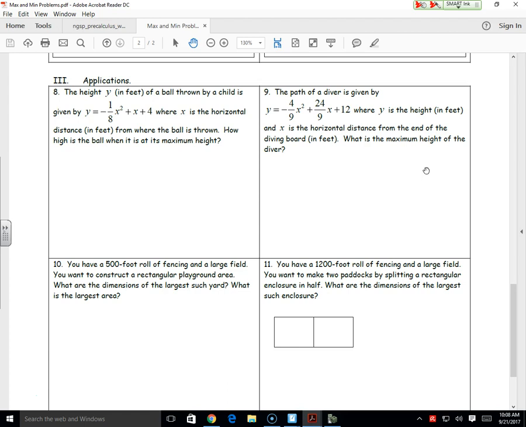7? Number 8. How high is it at the maximum height? So we're trying to find the maximum value, or the y value technically. When you went to complete the square, I got y minus 6 equals -1/8 times x minus 4 quantity squared. At the end of the day, sorry, we don't put the minus 6 over here, do we?